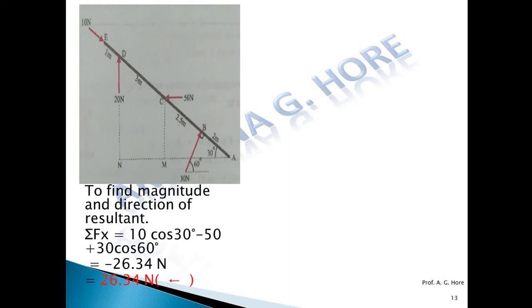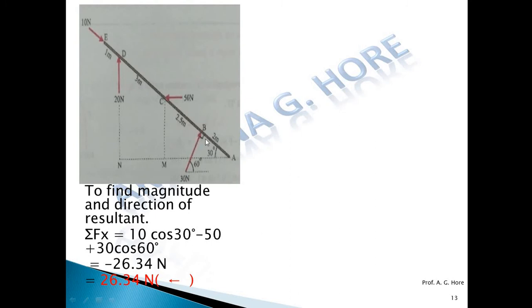Now first find out the summation Fx of this force. To find out the x component or y component, we need the force and its angle. Here the force at B is inclined, at C the force is horizontal, at D the force is vertical, and at E an inclined force. So we have to find out the angle of the 10 Newton force at E and the B point force with the x and y axis.